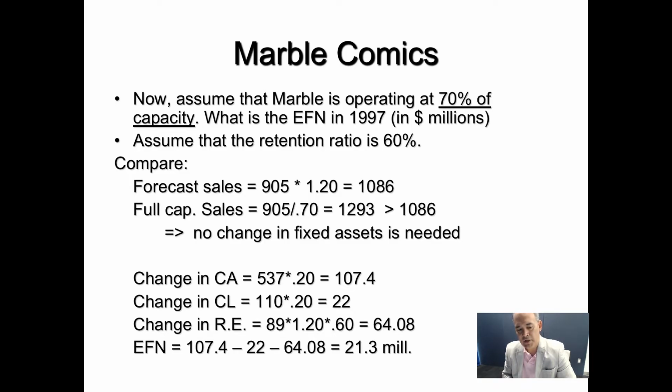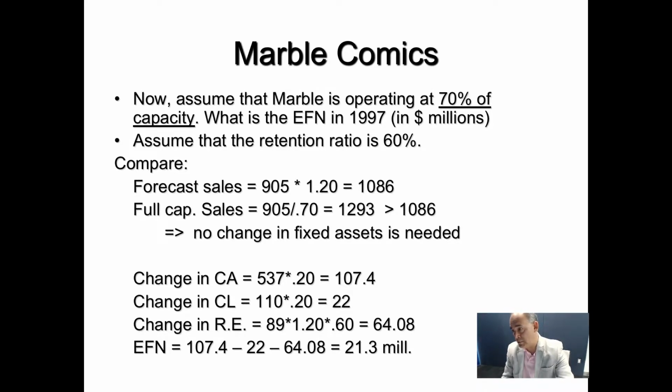So then the change in retained earnings, how much is it going to be? Look, if we assume that the change in sales is going to impact completely, and in the very same way, the whole operations of the company, then it will translate into retained earnings of $64 million, because it's going to be 89. 89 is the net income of 1996.